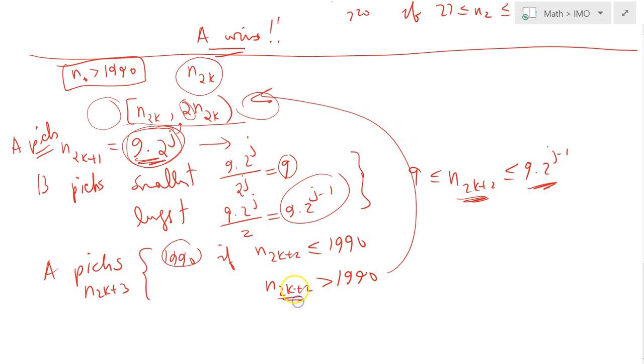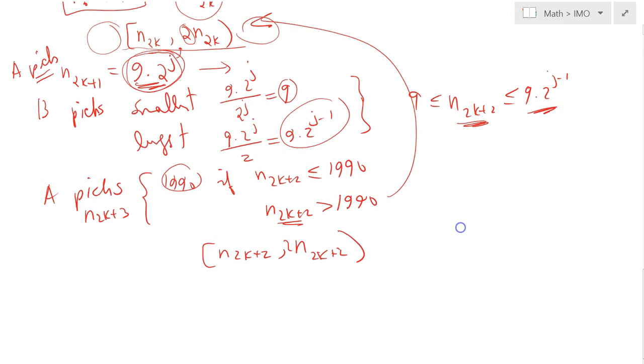But if it happens that n_{2k+2} is still greater than 1990, we can go back to this procedure. We can find 2 times this number and find the interval between n_{2k+2} and 2 times n_{2k+2}. This is an open interval here. Pick the number which will be of the form 9 times 2 to the power, let's call it L, and then do the thing again, right?